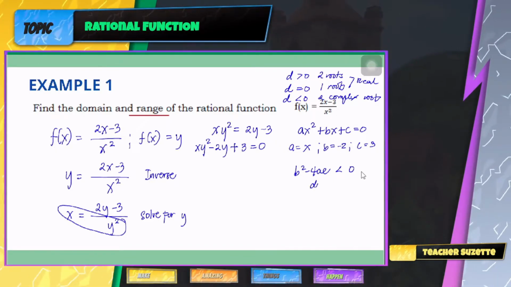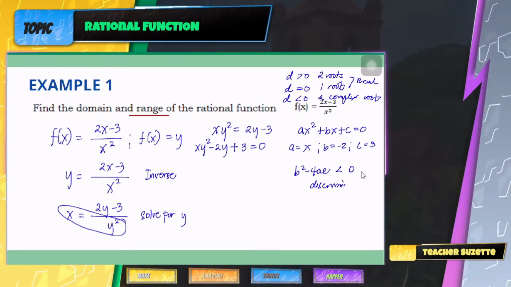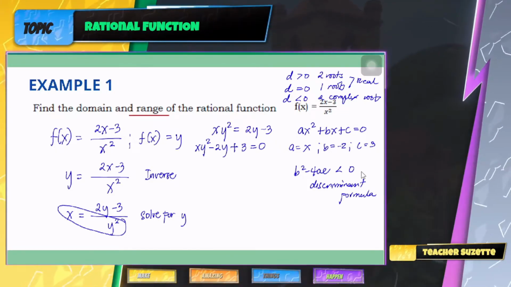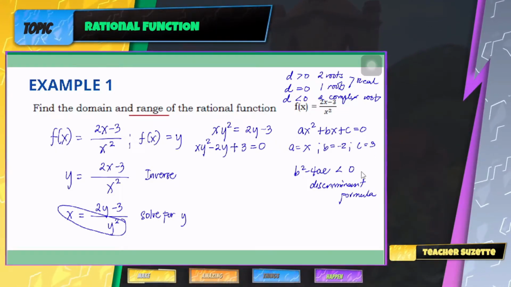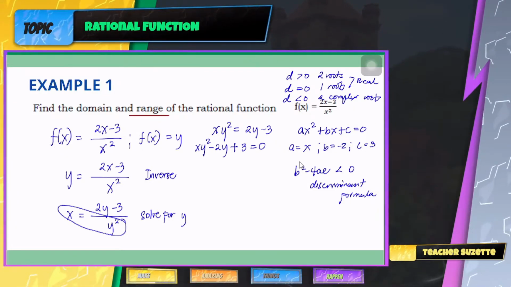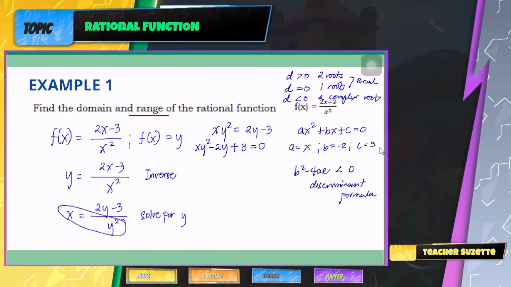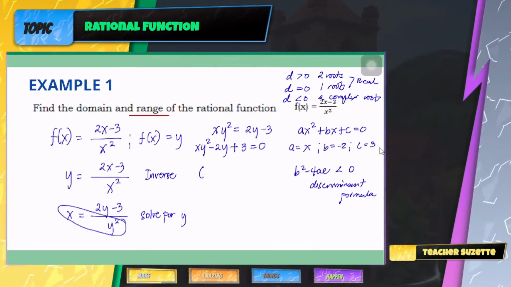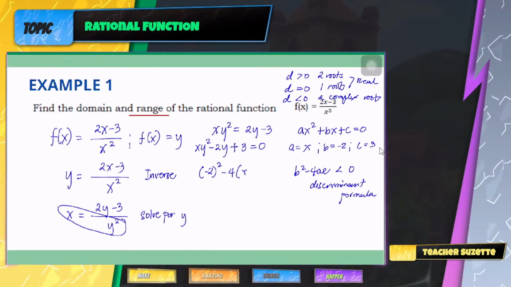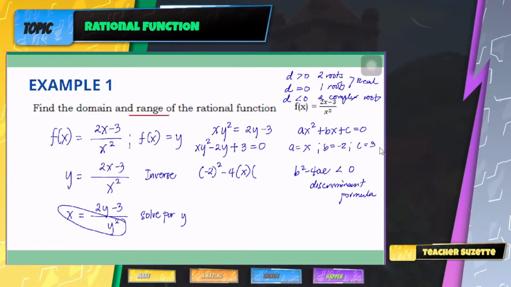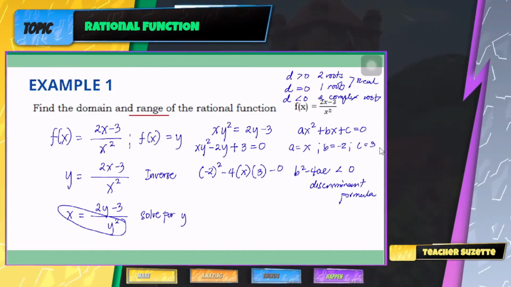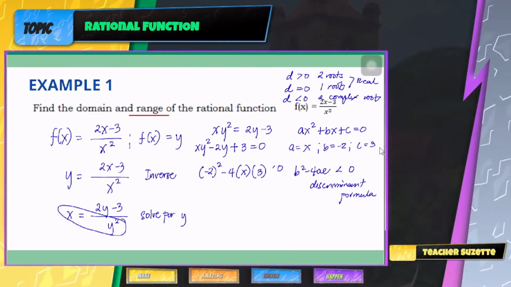This is the discriminant formula. We now substitute the values of a, b, and c. Our b is negative 2 squared minus 4 times a, which is x, times c, which is positive 3, less than 0. It is not equal to 0, since our discriminant will be less than 0.